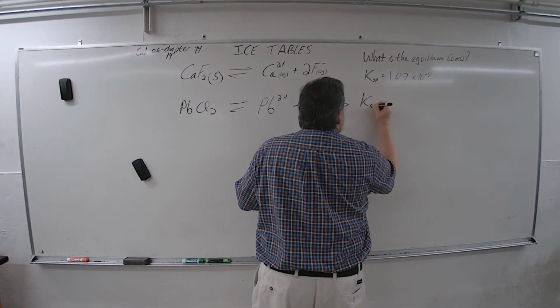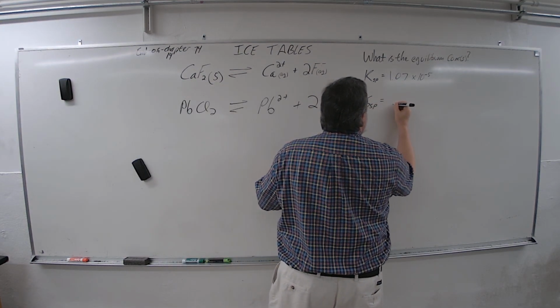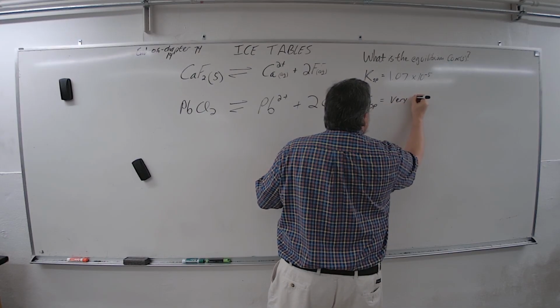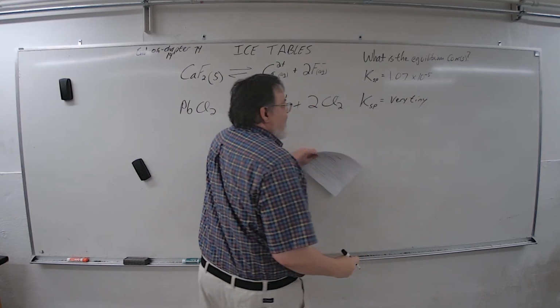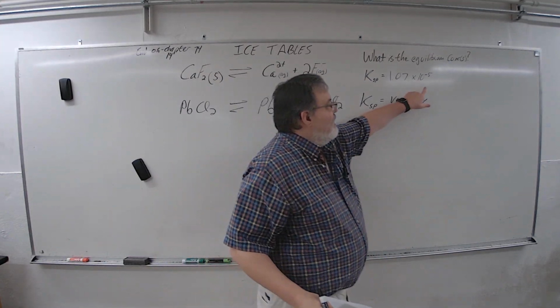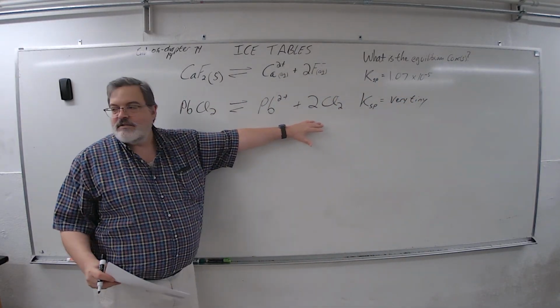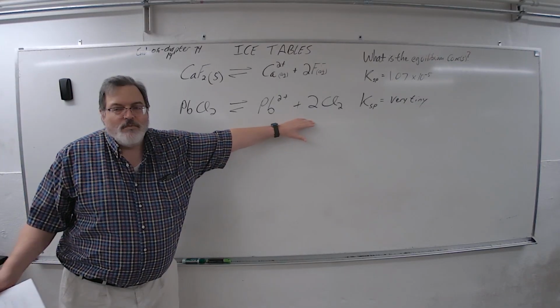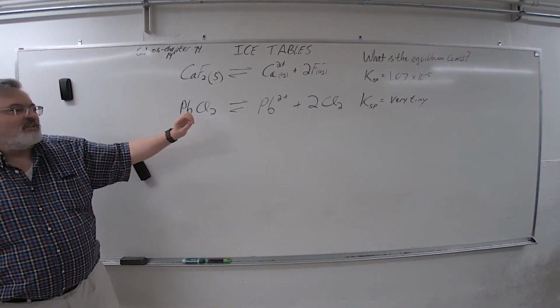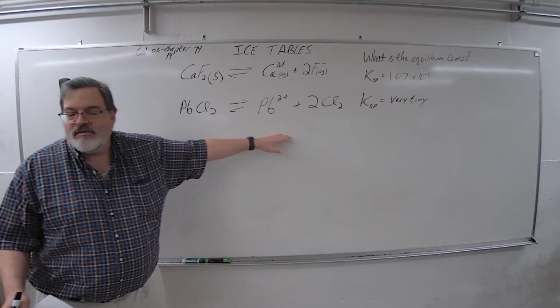And we would say the KSP of this is something very tiny. It's times 10 to the negative something big. It's just this tiny, tiny, tiny amount does this. And that's kind of the condition we use to say that it's insoluble, if only a barely a little bit ever dissolves.